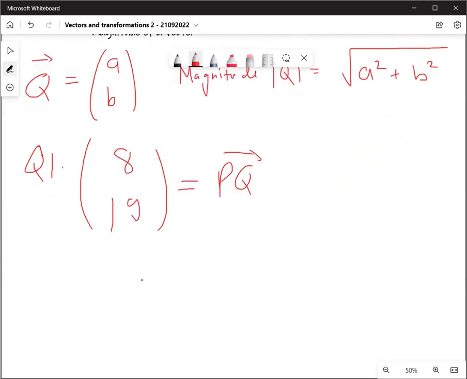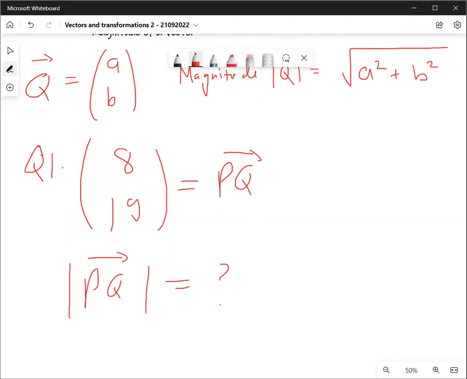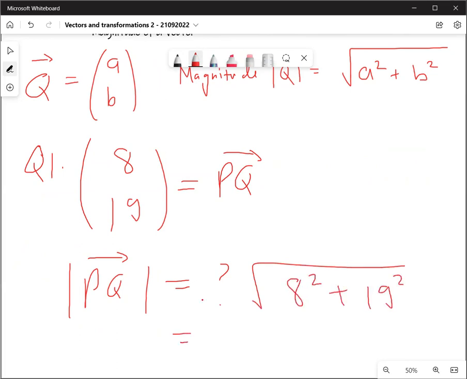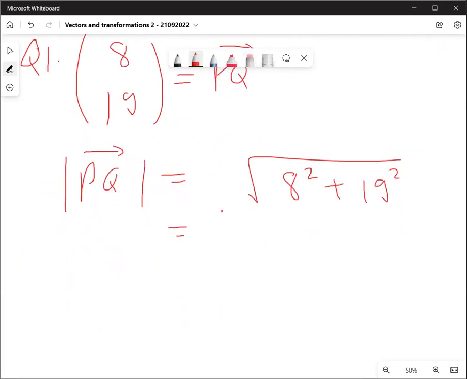This is the vector PQ. And my question is, what is the magnitude of PQ? So it's root over 8 square plus 19 square. So the answer is whatever your calculator gives you.